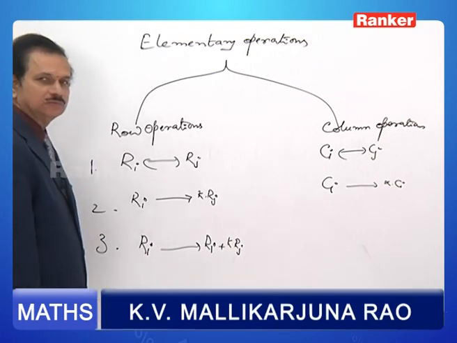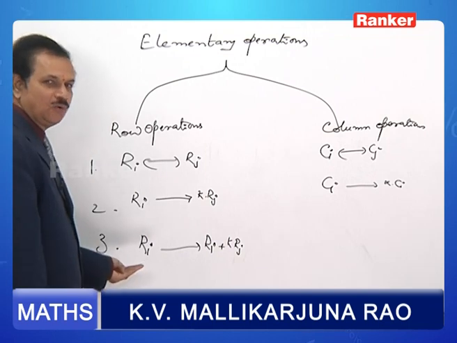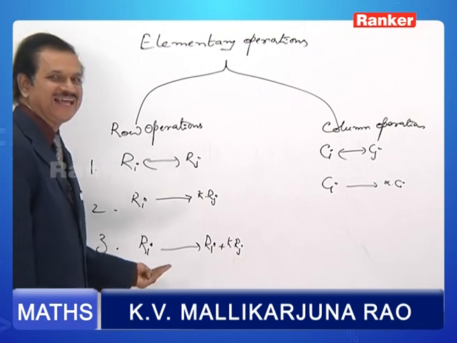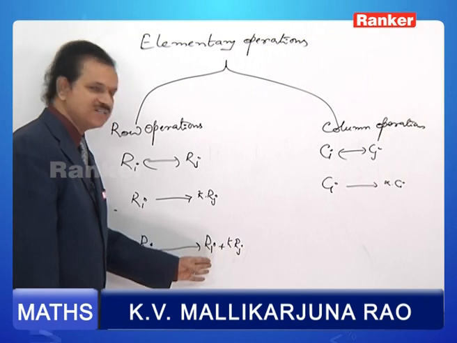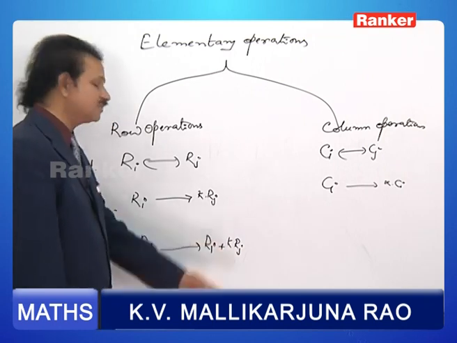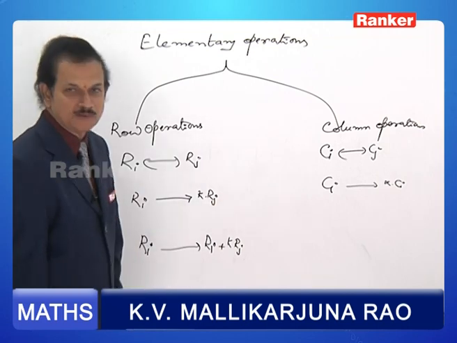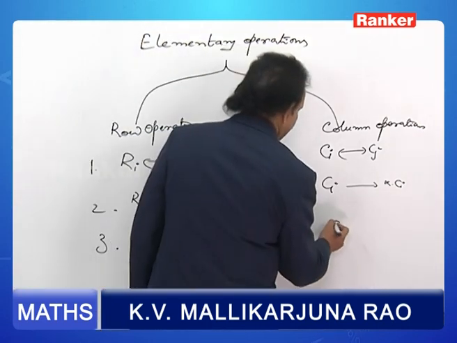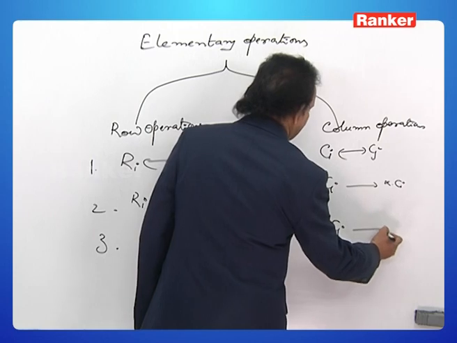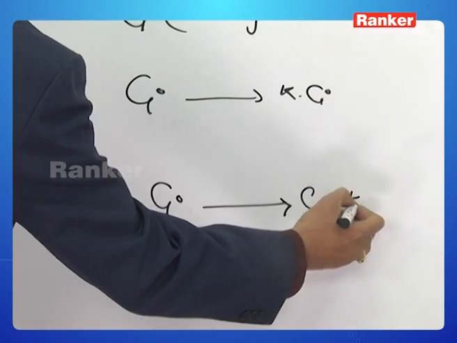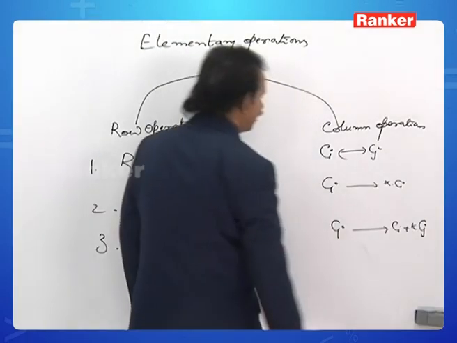Ith row. In what way? To the elements of ith row, k times the elements of jth row are being added. What is the corresponding column operation? To the elements of ith column, k times the elements of jth column are being added.